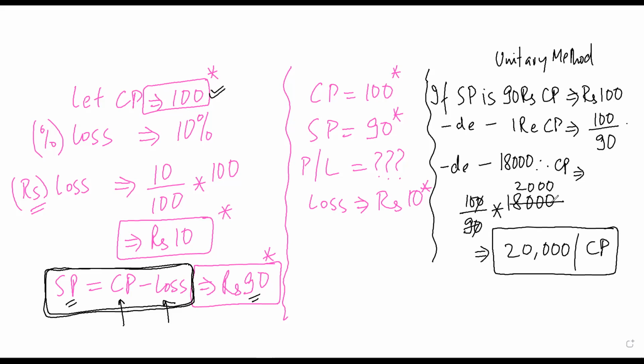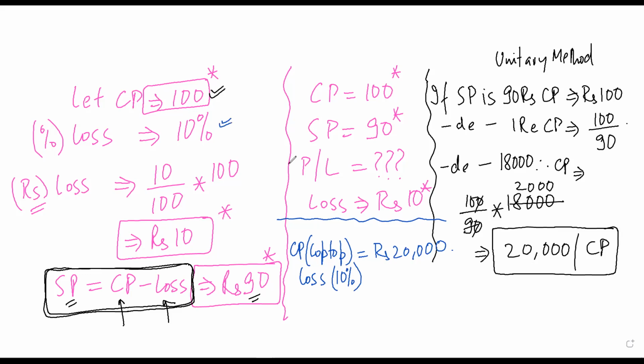Yes, sir. Now let us check whether this answer is correct or not. You might have a doubt whether this answer is correct or not. So let us apply basic logic to understand whether this is making sense. So the cost price of the laptop is rupees 20,000. The loss is 10%.